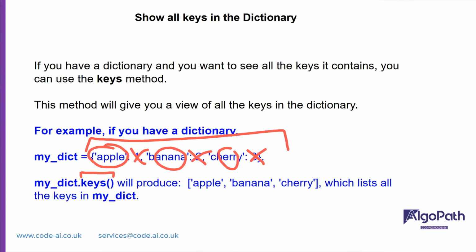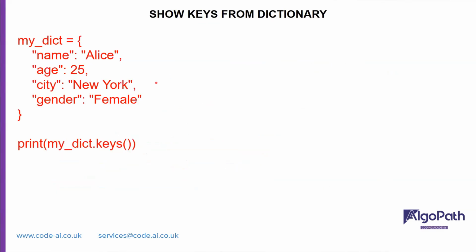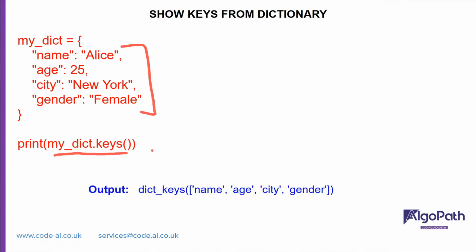And that would be a common example of where you would use this, but there are many more as well. So to show them, all you do is, let's take our original dictionary that we had before. Let's just put in dict keys, and now I can see all the 4 names of the keys, 1, 2, 3, and 4.